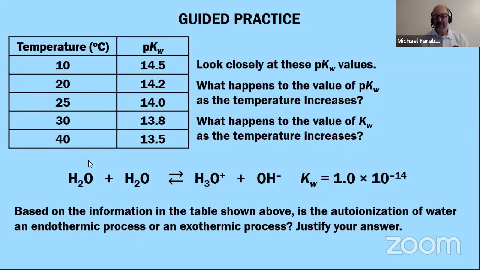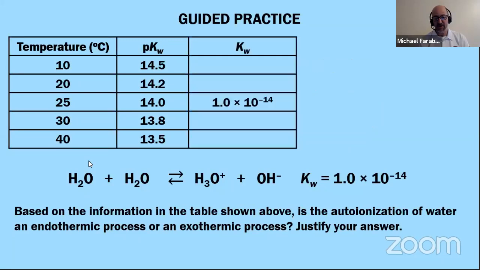And 10 to the minus 14 is a larger number than 10 to the minus 15. So be careful that you don't confuse when something is increasing or decreasing. While the pKw's are getting smaller, the Kw values are actually getting larger.